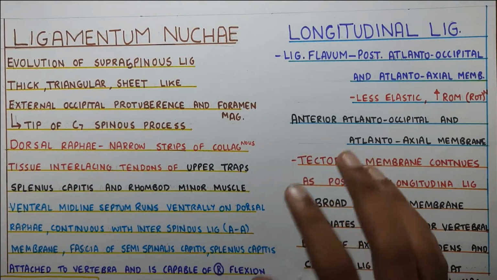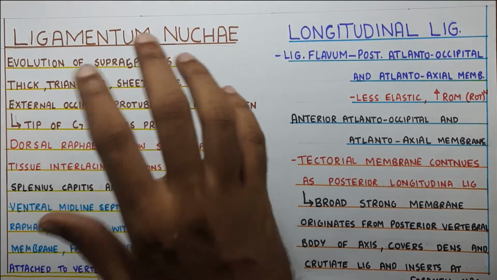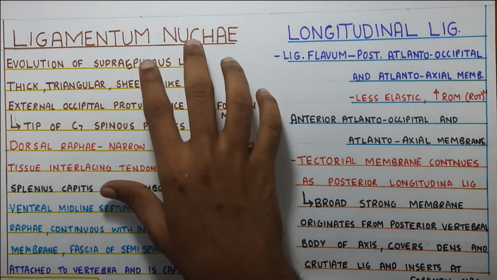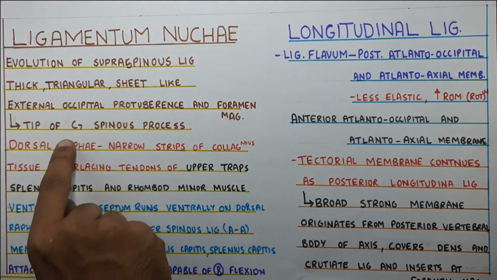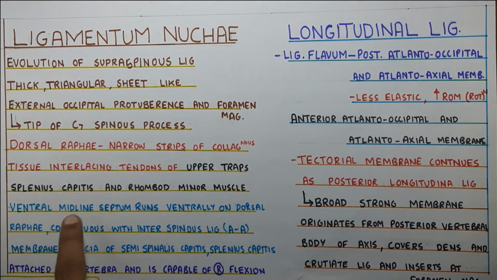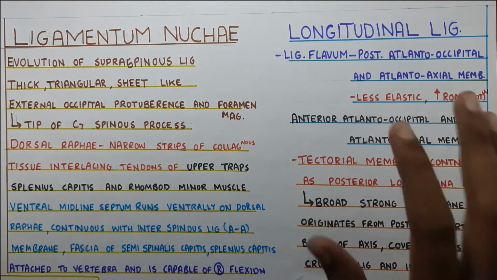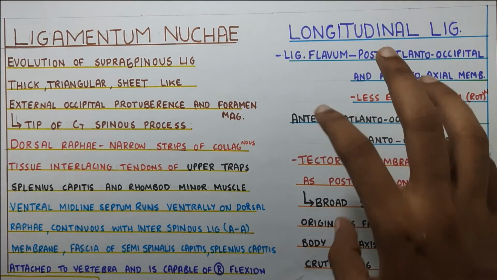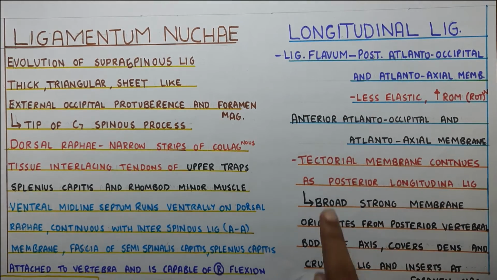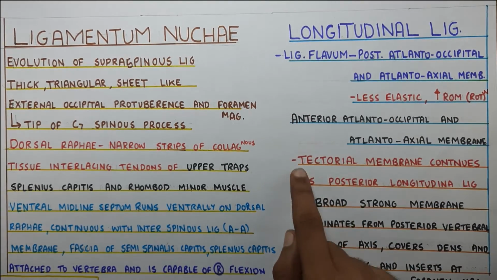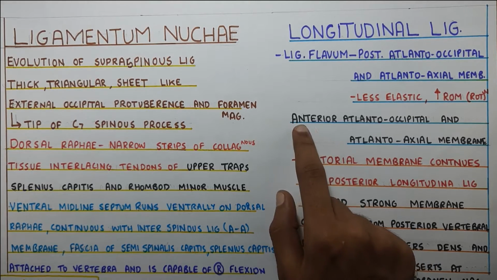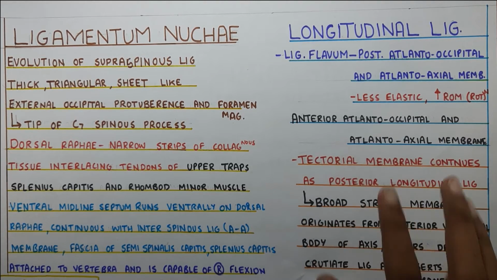And then we moved on to the ligamentum nuchae, which is more of an evolution of the supraspinous ligament, and has two parts, the dorsal raphe and the ventral midline septum. And then finally we saw the longitudinal ligament, which has different names in the cervical region. So that's what we addressed: the ligamentum flavum, the tectorial membrane, and the anterior atlanto-occipital and atlanto-axial membrane.